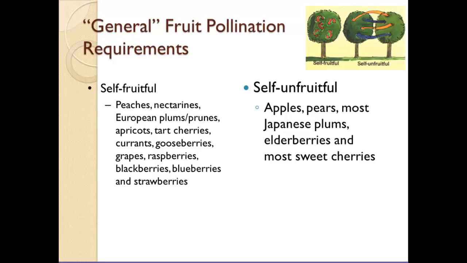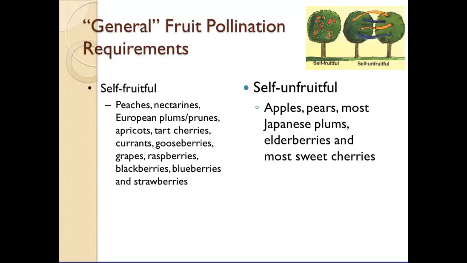So you see these, and that means that you only need one plant or one cultivar. So if you want to have a small orchard and lots of different fruit types, self-fruitful work right into that because you only need to have at least one.